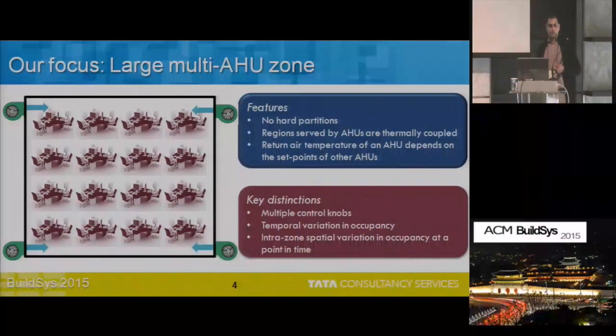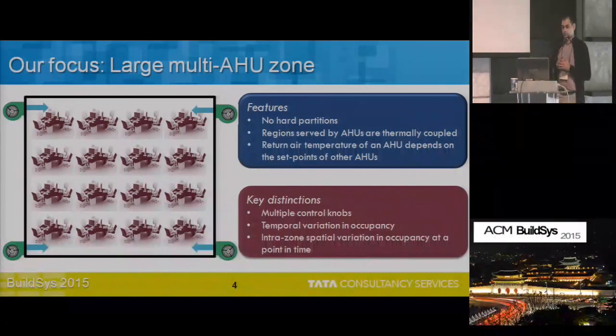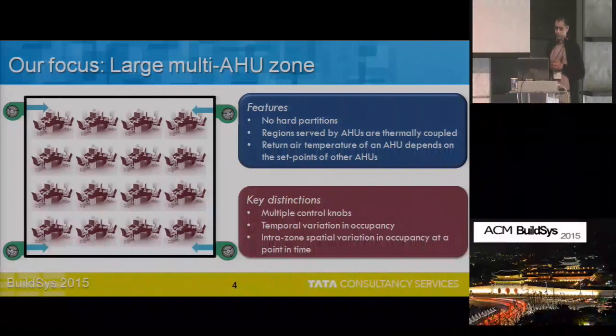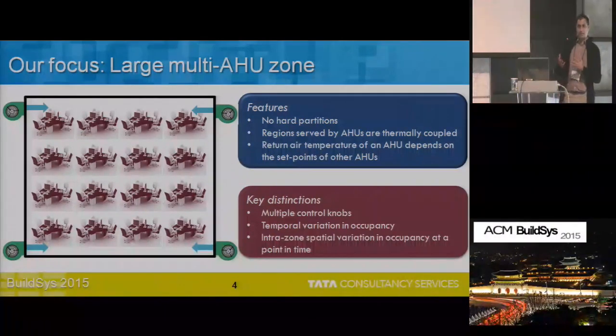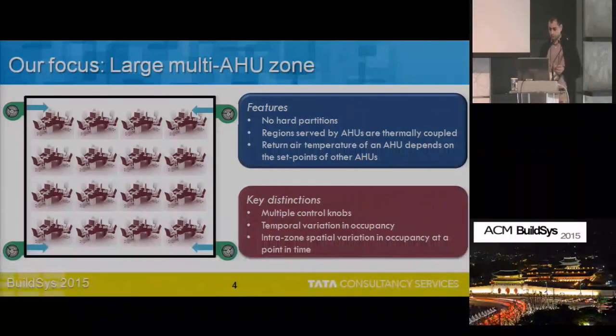So our focus is on large multi-AHU zones where you have multiple control knobs. As you can see, there are 4 AHUs present here, and they don't have any hard partitions, which mean air flow can mix freely across different spatial locations. And return air temperature of any AHU depends on the set point of the other AHUs.